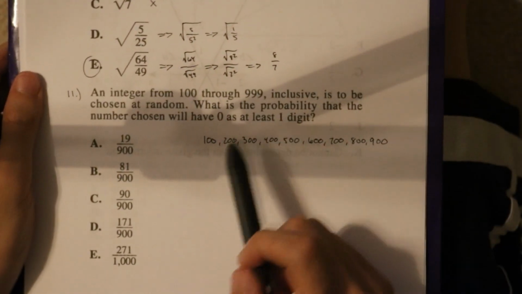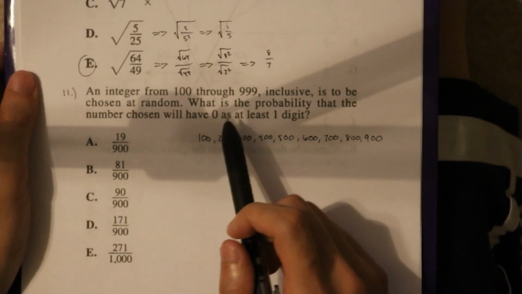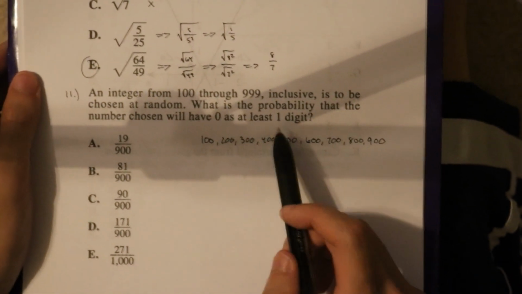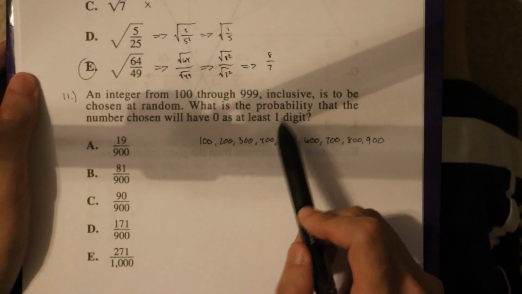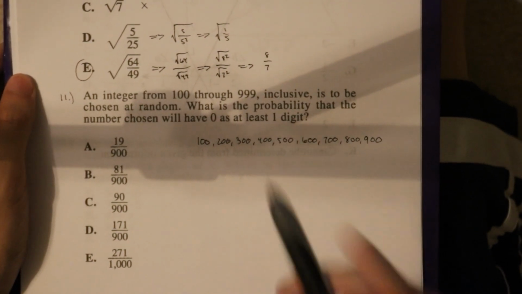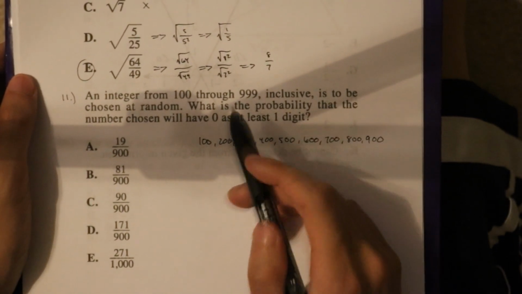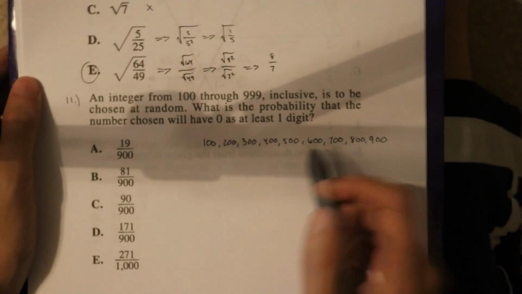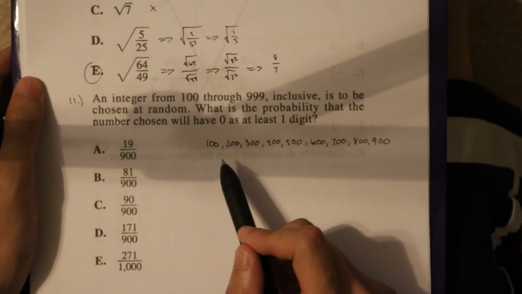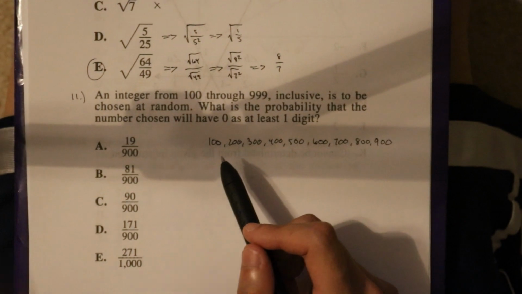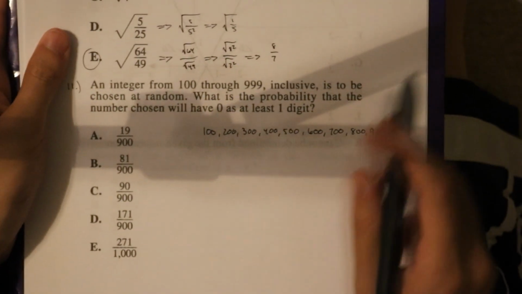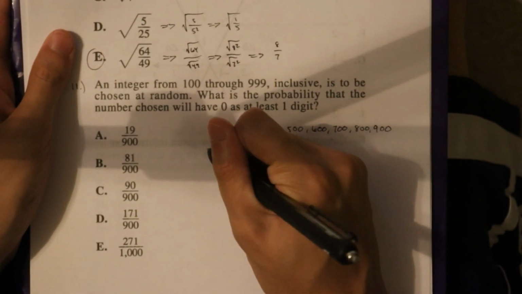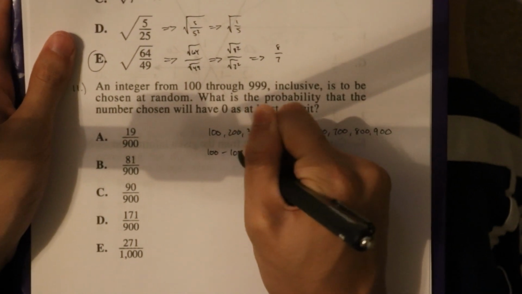Apologies for that. I actually read the question wrong, and they're asking for at least one digit. So it'll also have to include not just the ones digit, aka the units digit, but also the tens digit as well. So we have to look through 100 to 109.